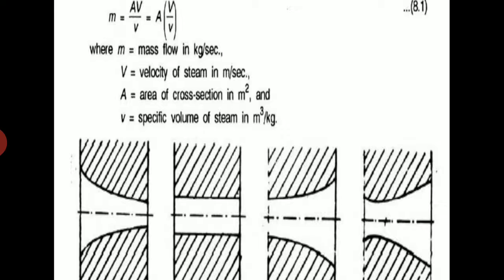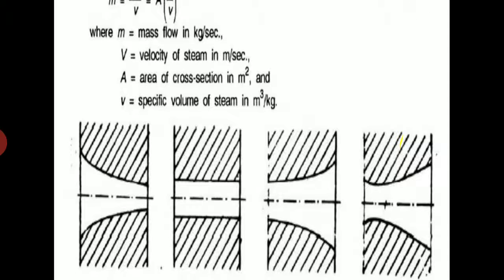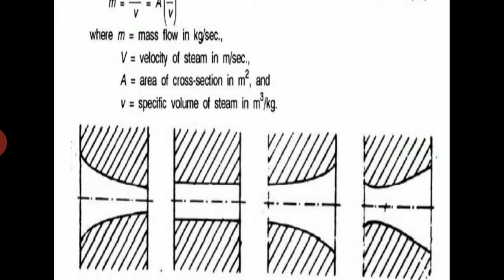Now the fourth figure shows the general shape of a convergent and divergent nozzle. I am just differentiating the nozzles. Figure 4 shows the shape of a convergent divergent nozzle suitable for gases and vapors. Velocity and specific volume both increase from the start.